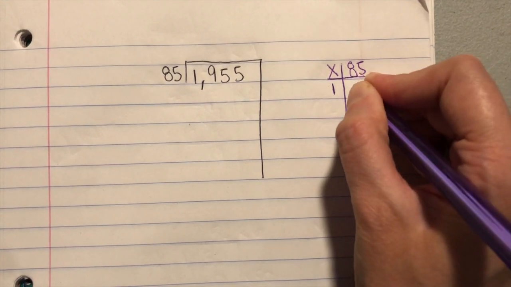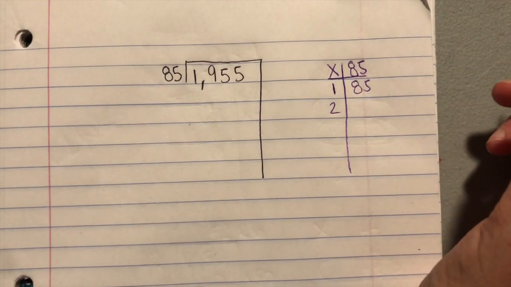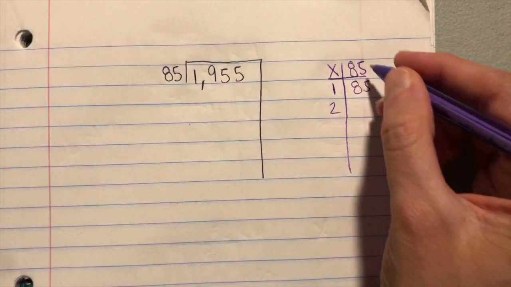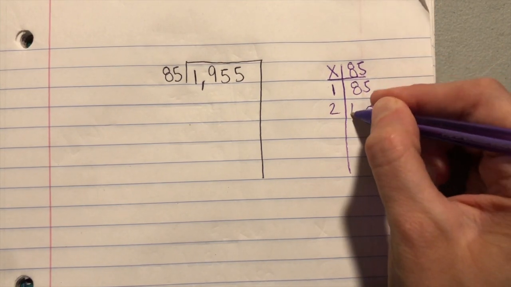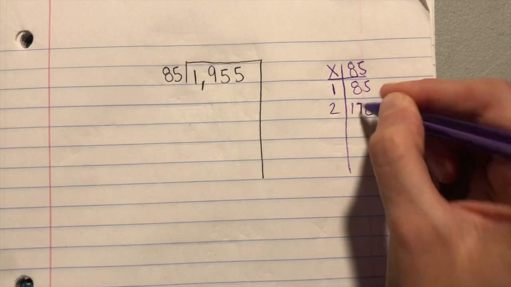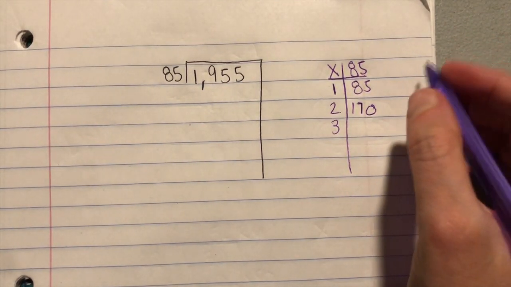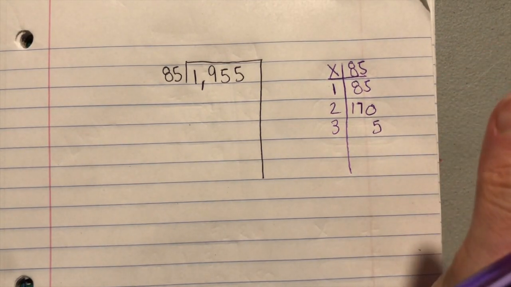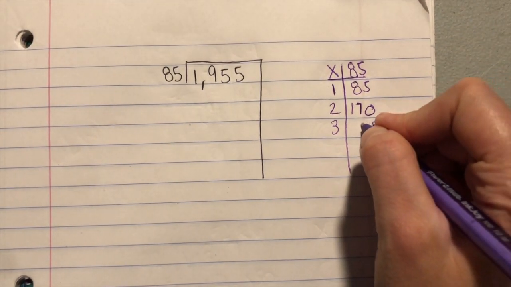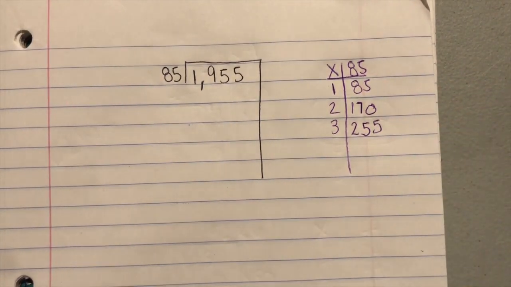So 1 times 85, 85. 2 times 85 is, 5 plus 5 is 10. Carry the 1, 170. And then 3 times 85, 5. 8 plus 7 is 15. 2, 55.